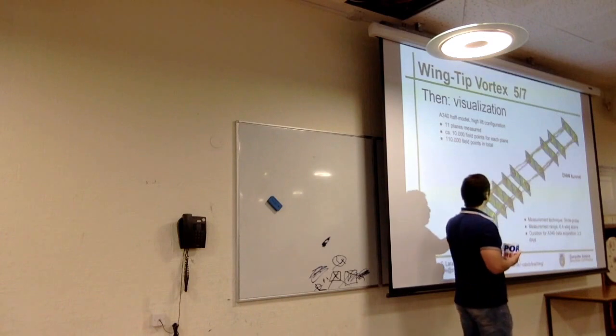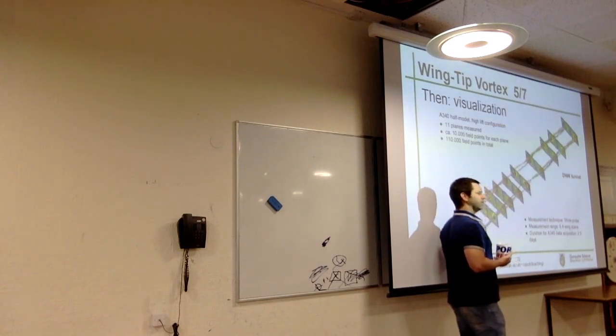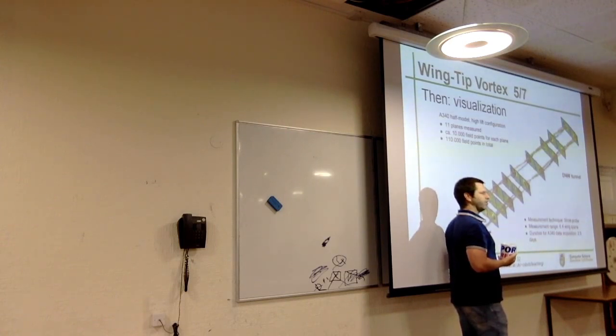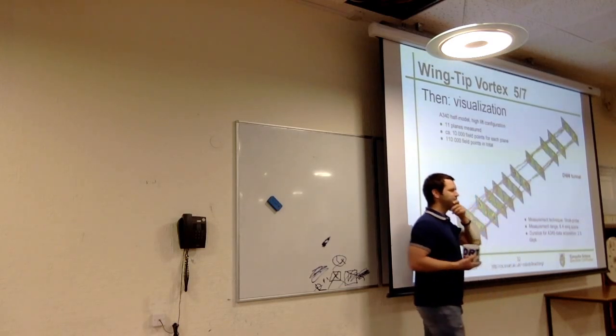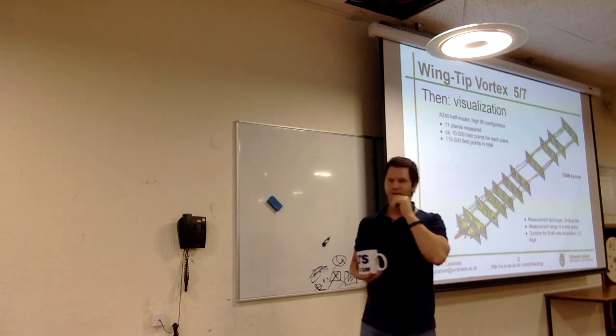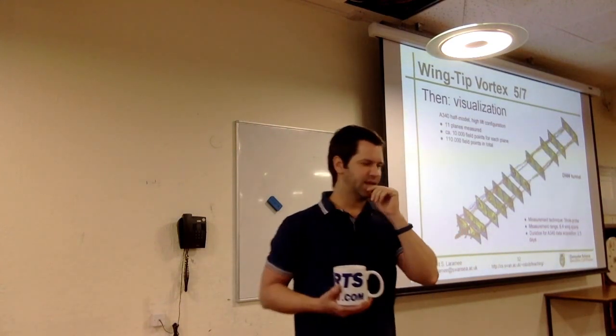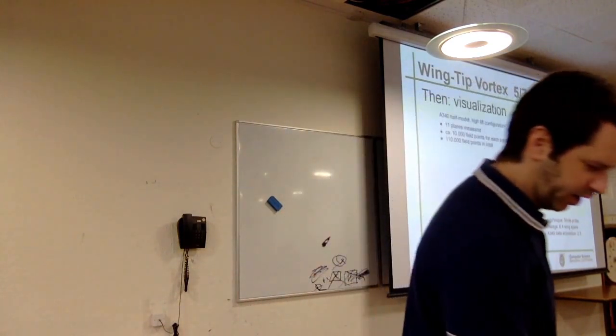Does anybody remember where we saw those already? I guess for a rainy Monday morning, that's a very difficult question. Anybody remember where we saw those vortex core lines already? We saw them in the cooling jacket.